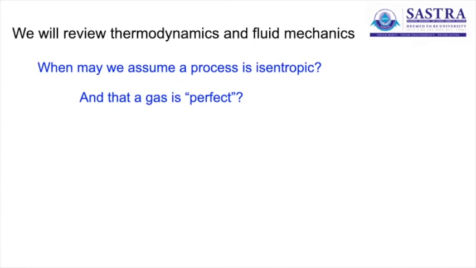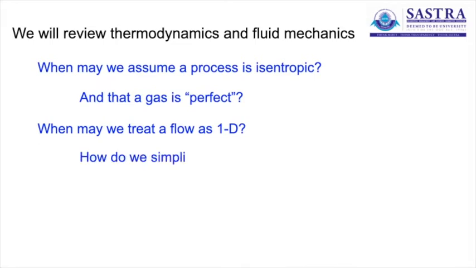Also, it would simplify our work greatly if we could regard a flow as one-dimensional. So, first question, when can we do such a thing? And second question, how do we simplify our work? What happens to the equations for conservation of mass, of momentum, and of energy?